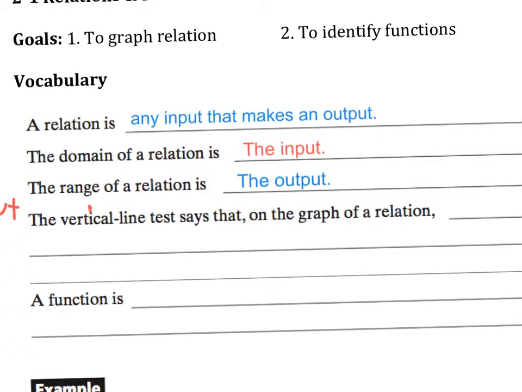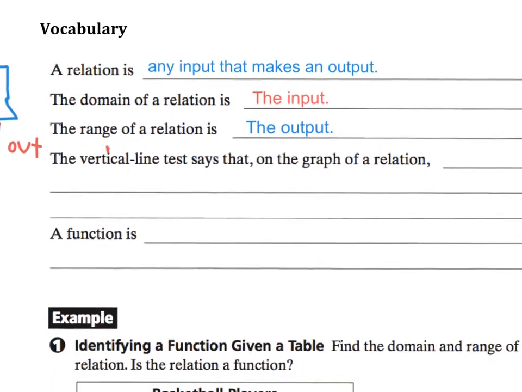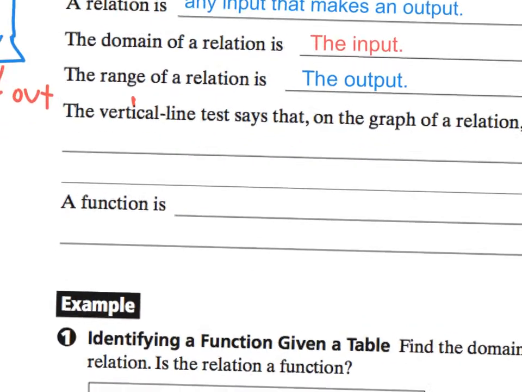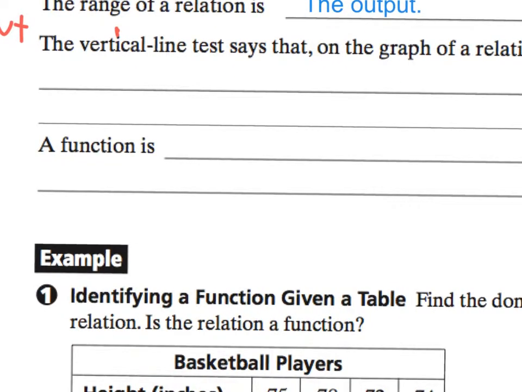All right, we'll skip the vertical line test right now because visually we need to see that in a moment. But let's define what a function is. And like I said, you should marry a function.